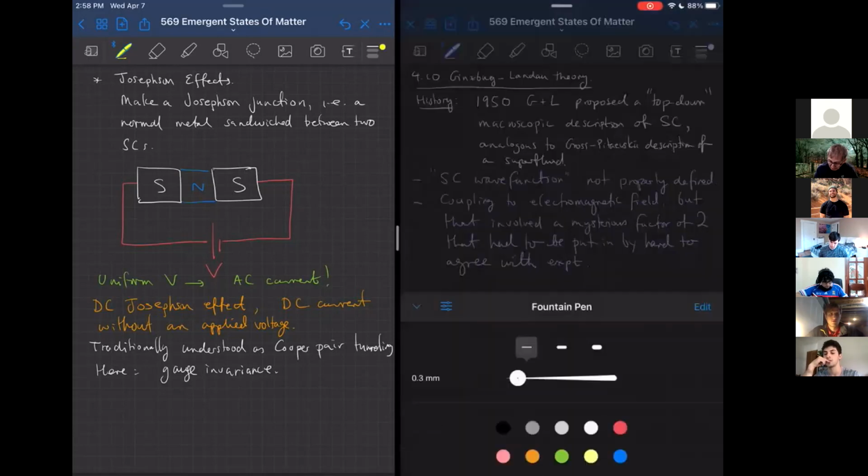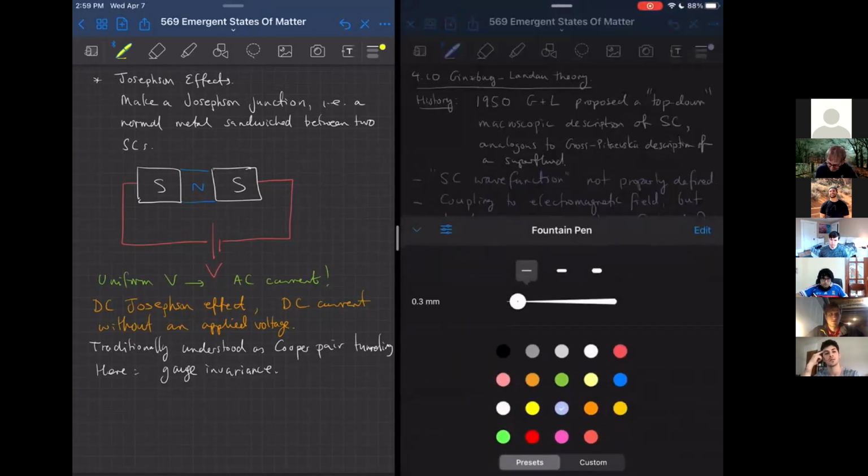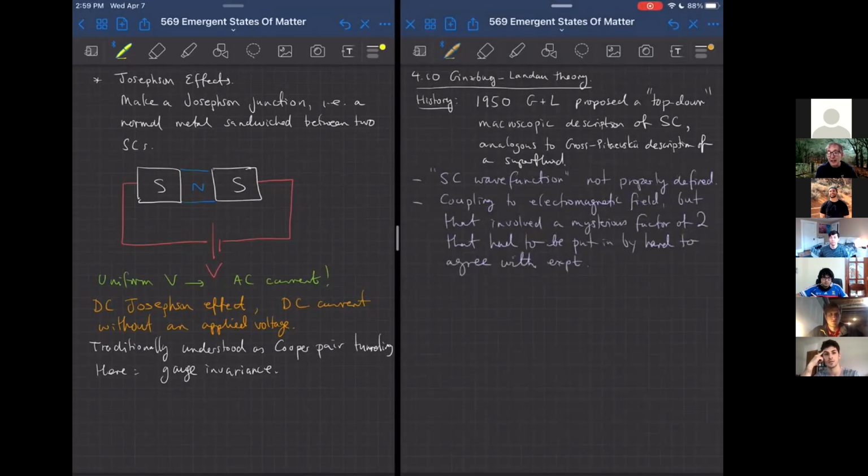And that factor of 2, in fact, is the place where Cooper pairs come into the theory. So this is, in fact, later understood to be where the existence of the Cooper pairs arises in this description.